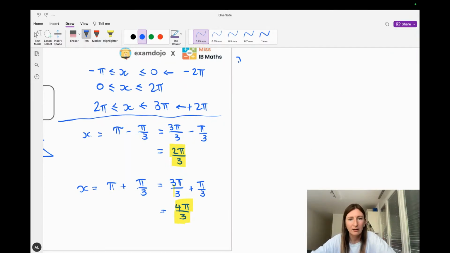Okay, so let's say my x is 2 pi over 3. Now we're going to do plus 2 pi. So we want to figure out on this part of our domain. So we have 4 pi, so that's 6 pi. Oh no, we're over 3.